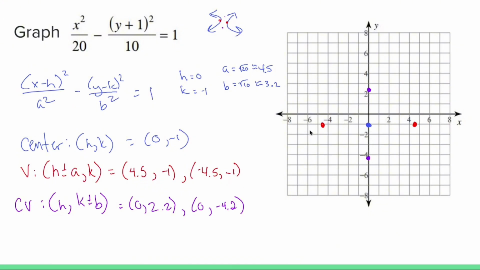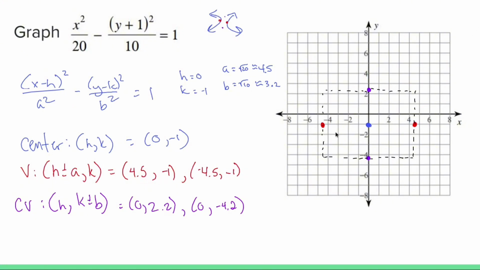right around here. What I'm going to do is, using my vertices and covertices, I'm going to make a box like this. Like that.